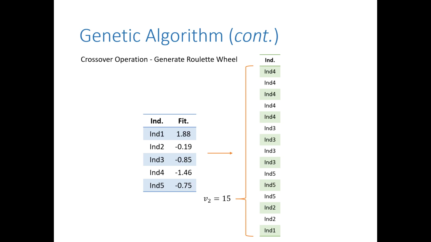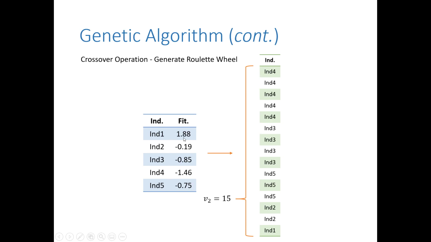In other words, individuals that are fit, for example, individual 4 is very fit. Remember, we are solving a minimization problem. Individual 4 is very fit, so it has to appear in our list the most number of times. So we have individual 4 repeating itself 1, 2, 3, 4, 5 times.